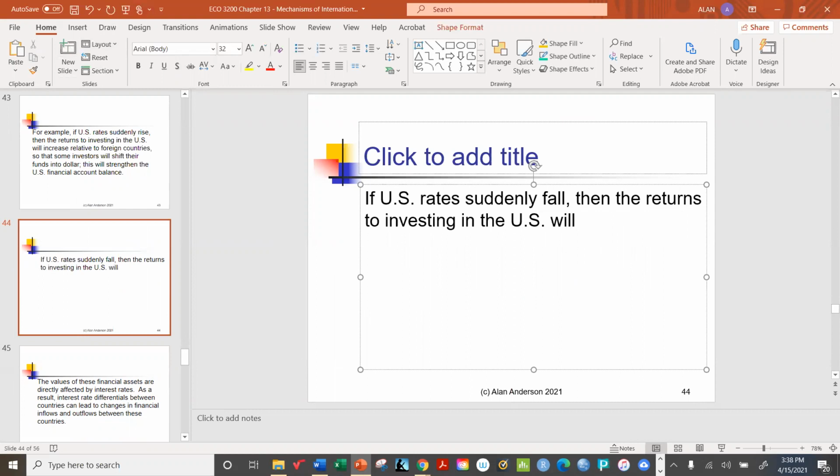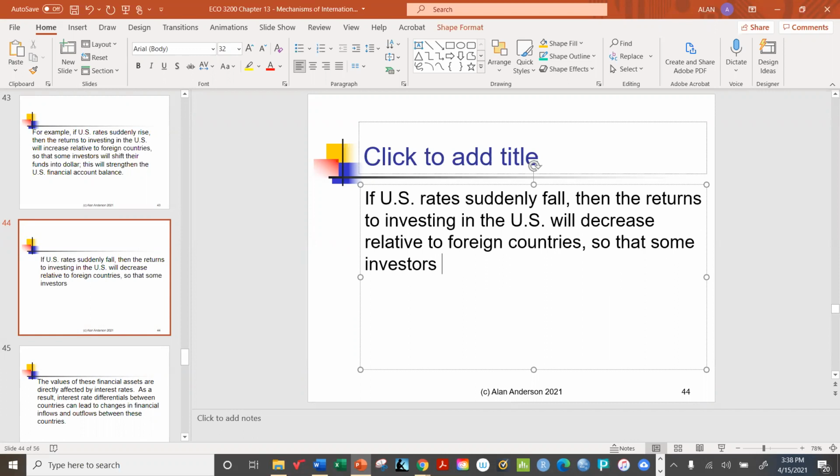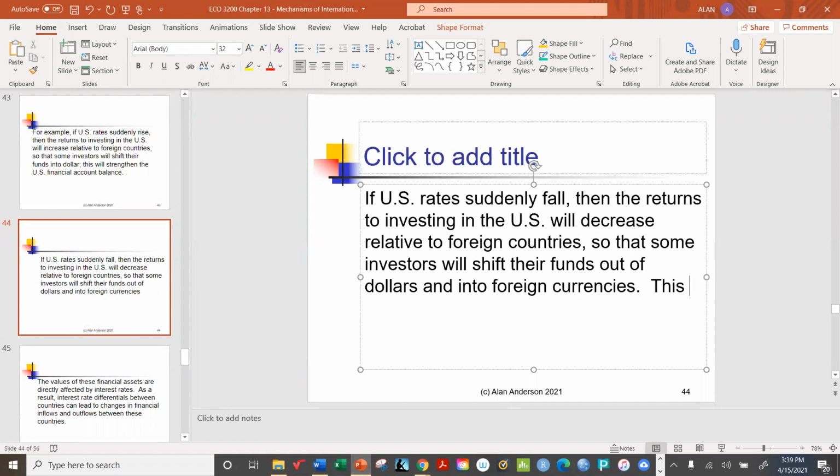They will decrease relative to foreign countries, so that some investors, not maybe all of them, but some investors will shift their funds out of dollars and into the foreign currencies. This will weaken the US financial account balance.